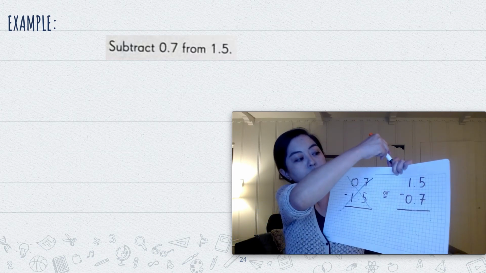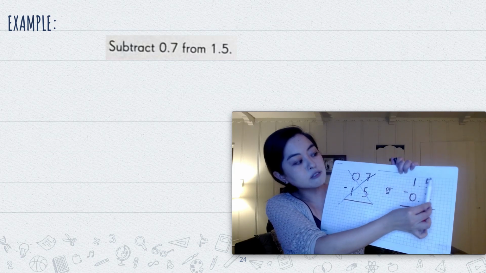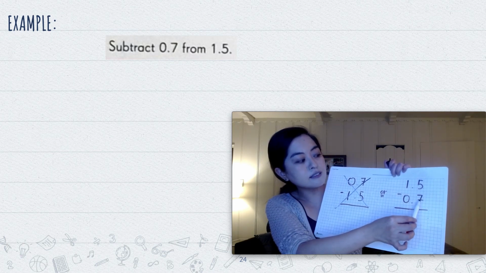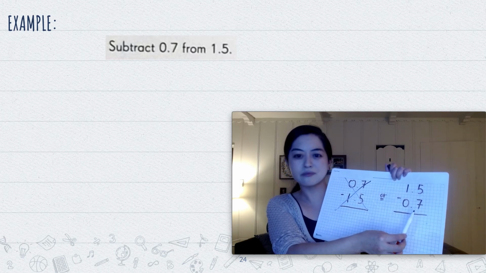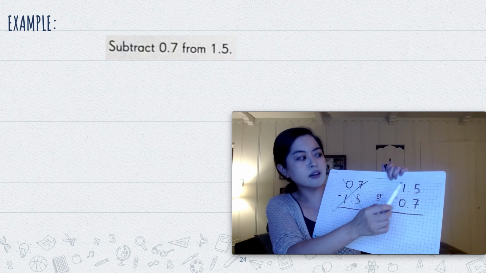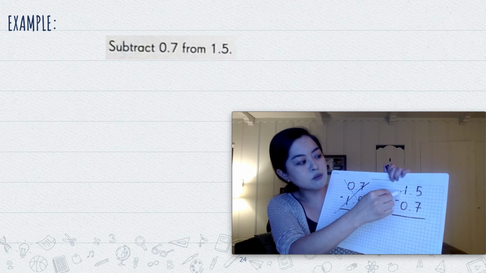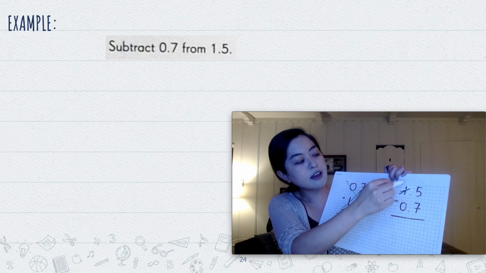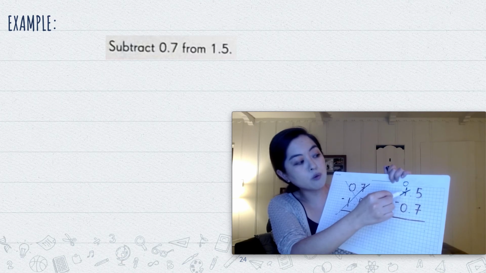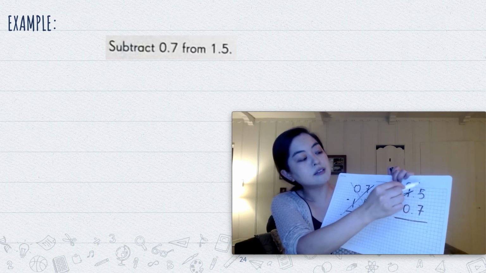Okay, so now I'm going to start with my lowest place value column, which is the tenths. Can I do 5 tenths take away 7 tenths? There's not enough tenths, so I have to regroup from the ones. So I'm going to take away 1, and that'll become a 0, and I'm going to regroup 1 into 10 tenths.